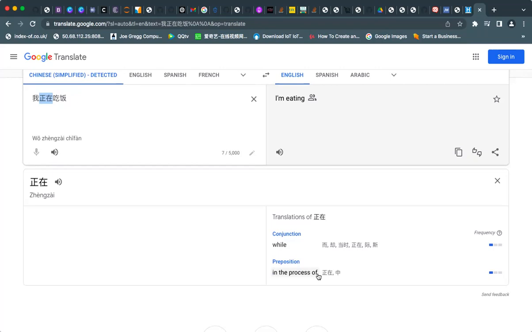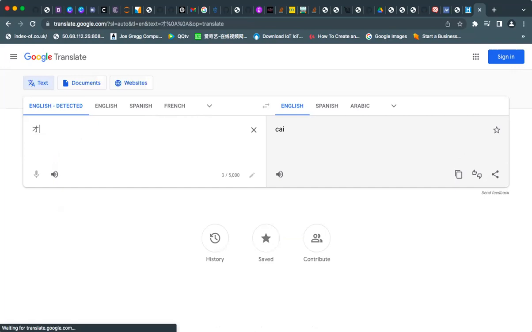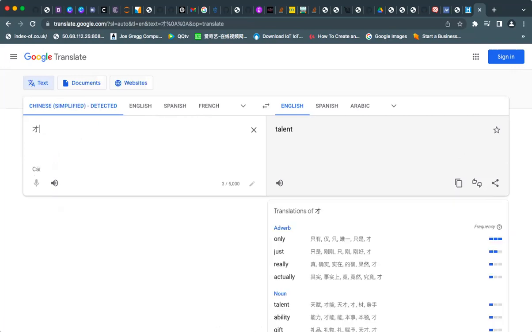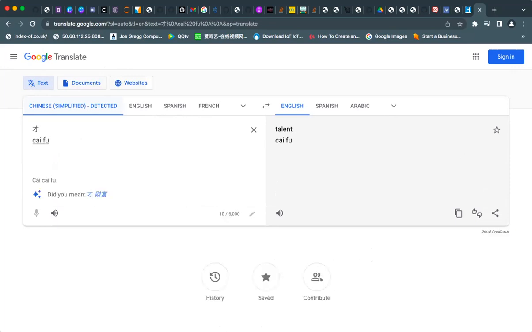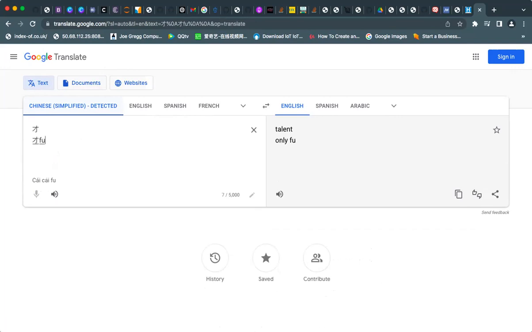In the process of. 正在吃饭, right? So you see, we said 正在 or 在 is the same thing. So you see what we were doing with the word that you were asking last time, which was 才. And sometimes you say 才. It's the sixth one, and the third one.